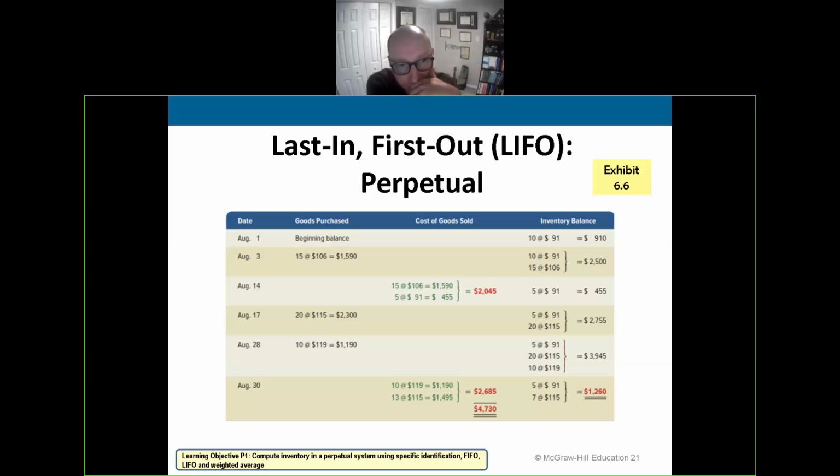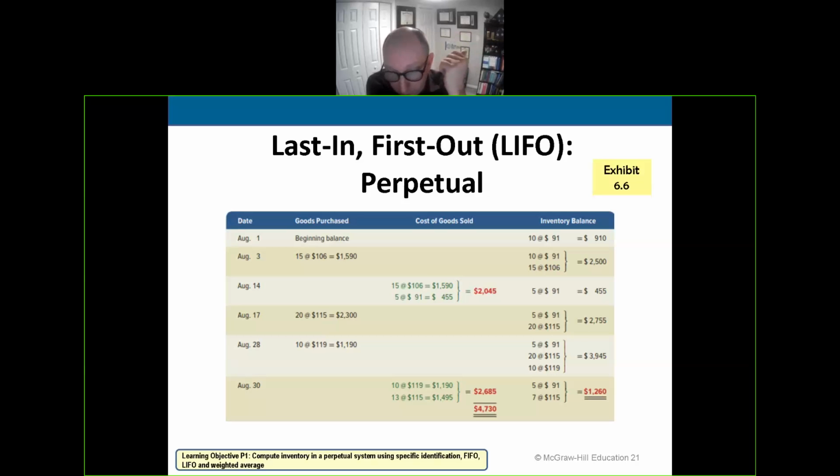Now August 30th rolls around. According to last in, first out, whatever I most recently purchased is what's going to go out. So last in was 10 bikes at 119. I'm going to sell them first out. 10 at 119 is 1,190. And I'm also going to sell whatever from the purchases before that most recent one.